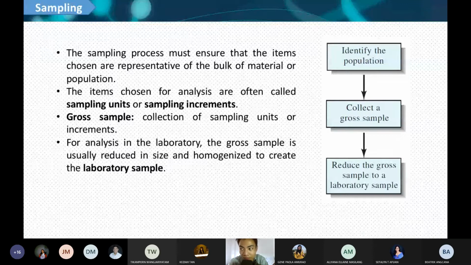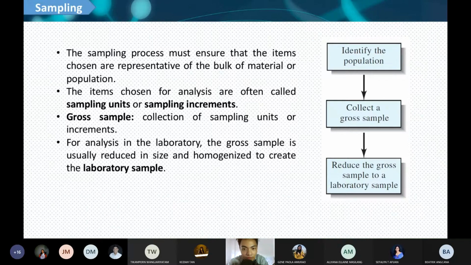That's why homogenization is important in analytical chemistry, because you want to make your solution homogeneous so that whatever your measurement is from your laboratory sample, that will be representative for your gross sample and as well the entire population. That's how we do analysis.